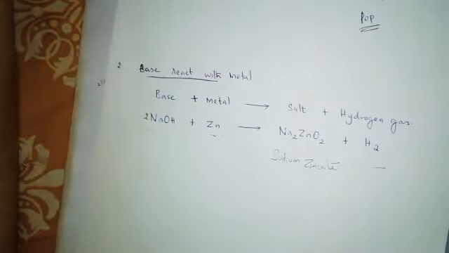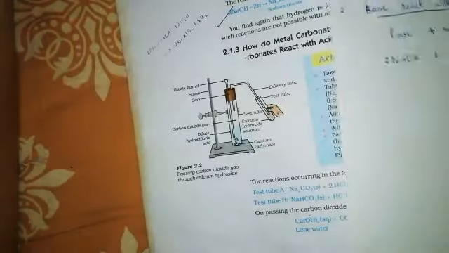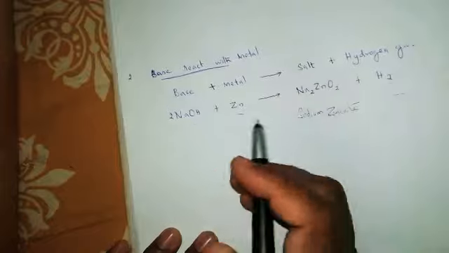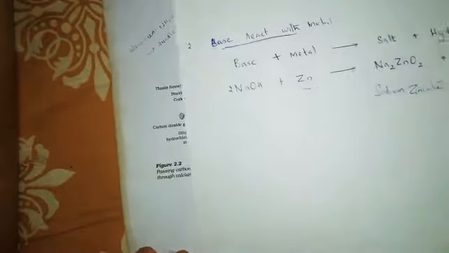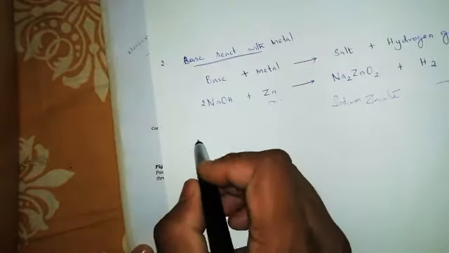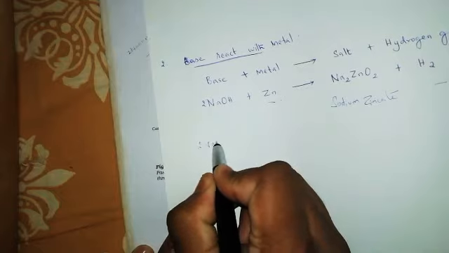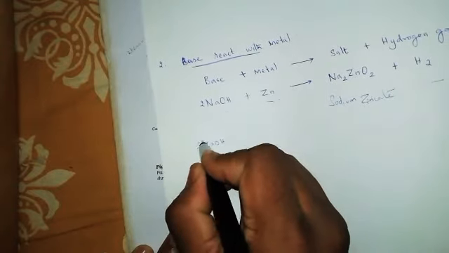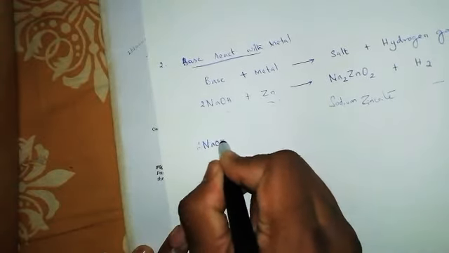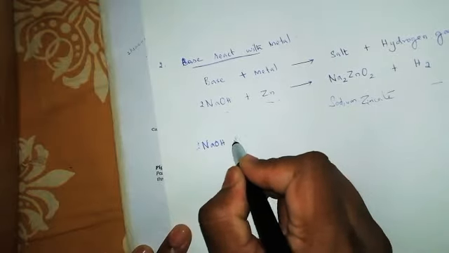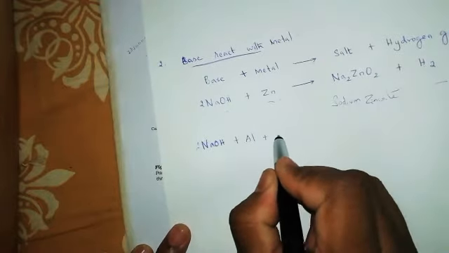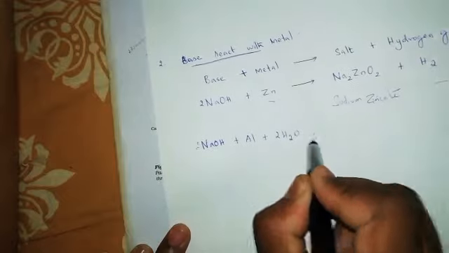Okay, we'll write one more example for a base. Let us write an example of sodium hydroxide reacting with aluminium metal, with a little amount of water.